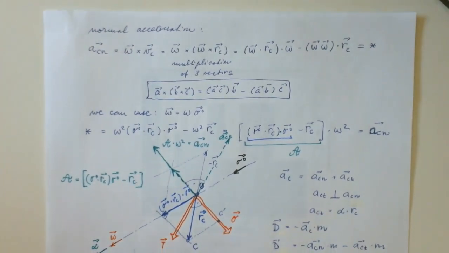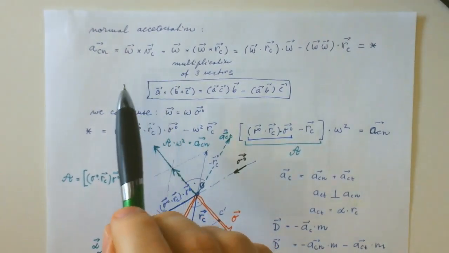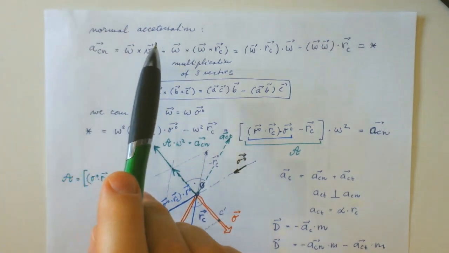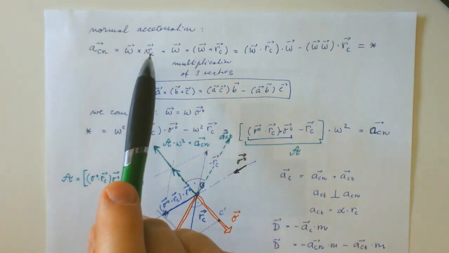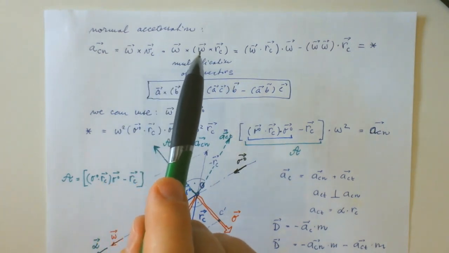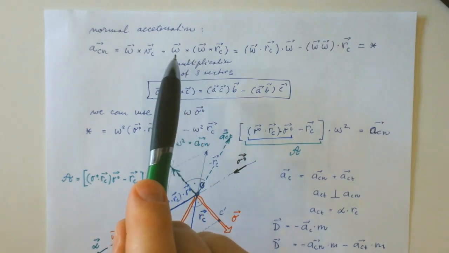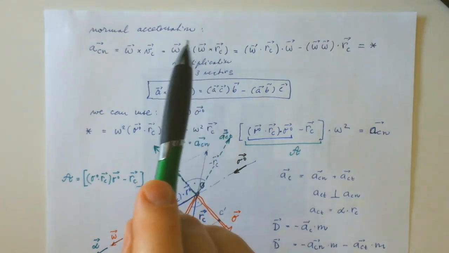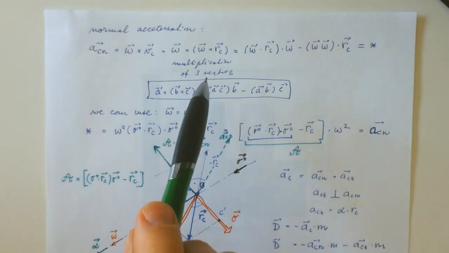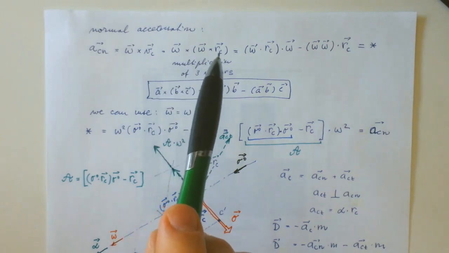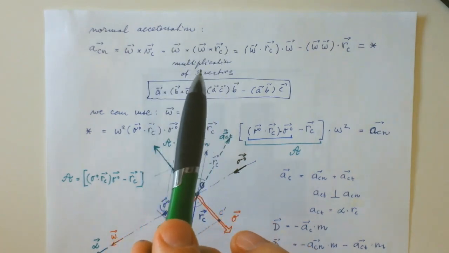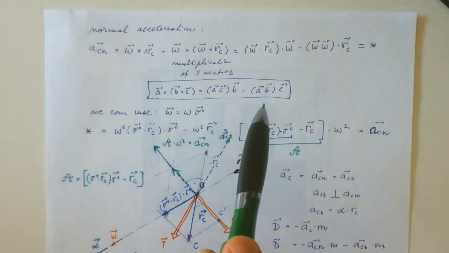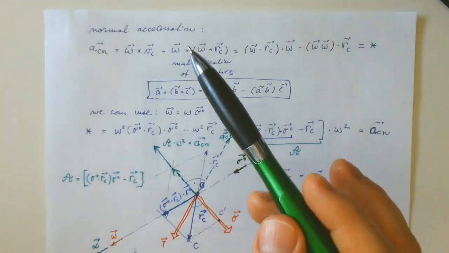So now we can continue when we look at the normal acceleration, as was said, aCN is omega by vC, and we can consider that vC again is omega by rC. So this is a multiple multiplication of vectors. So we multiply three vectors, and for the solution of this multiple multiplication we have a pattern derived by mathematicians.